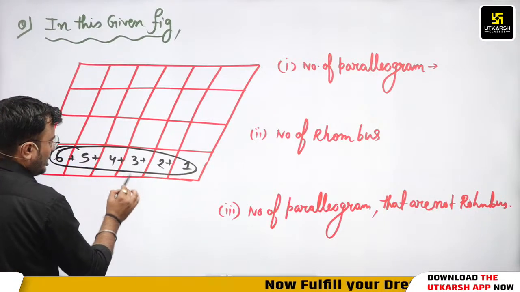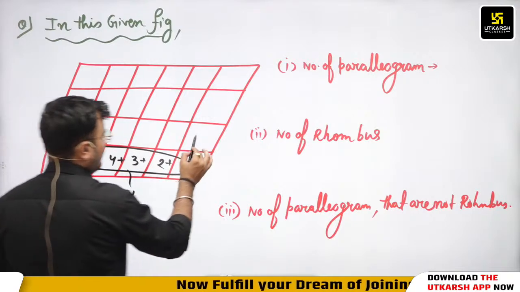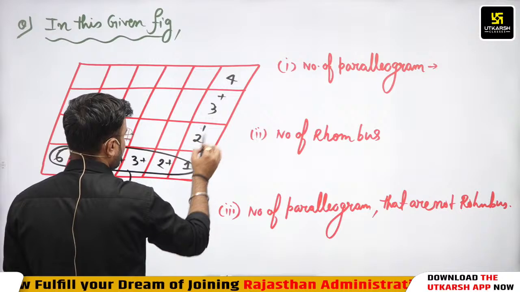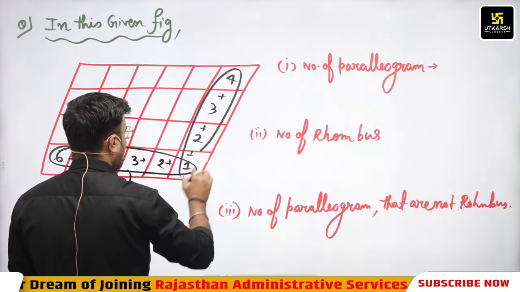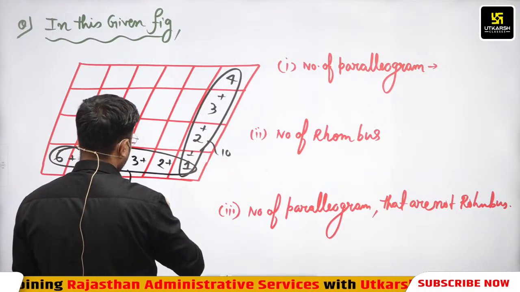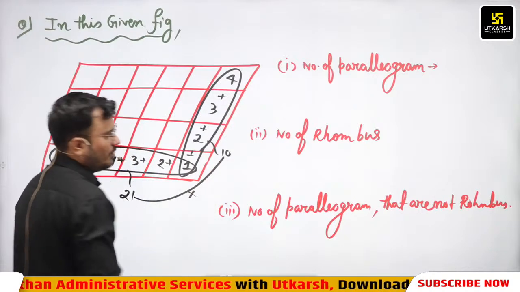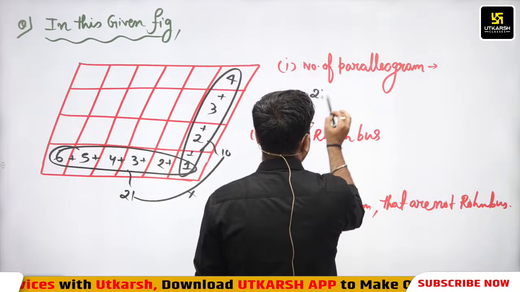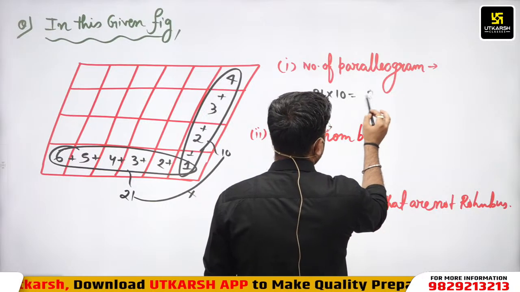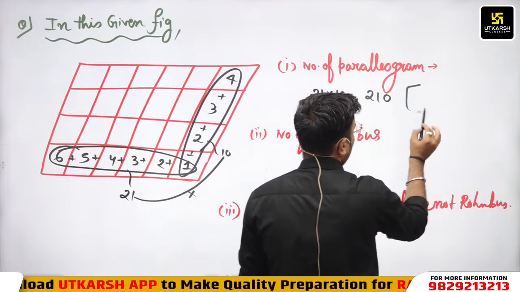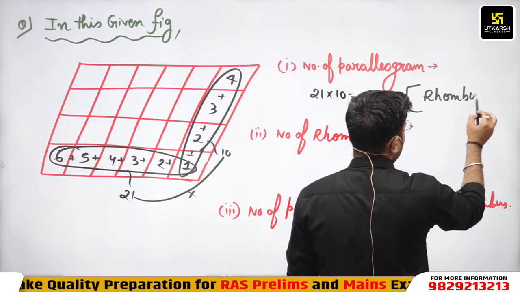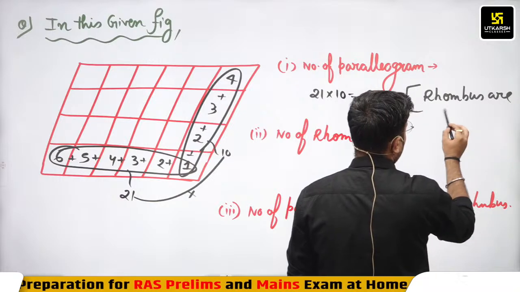You will get 21. Similarly, we write natural numbers in vertical order, 1, 2, 3, 4, and add them, you will get 10, and multiply both numbers. Very good, NK. So 21 into 10 will give you 210, and as you know, rhombuses are also included.